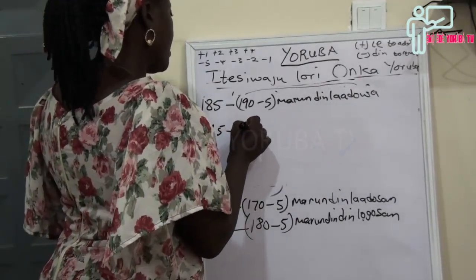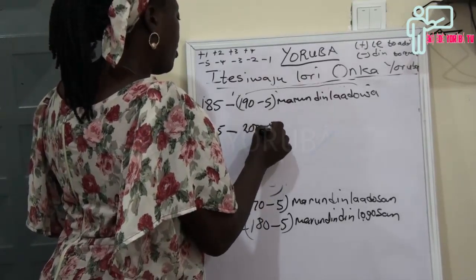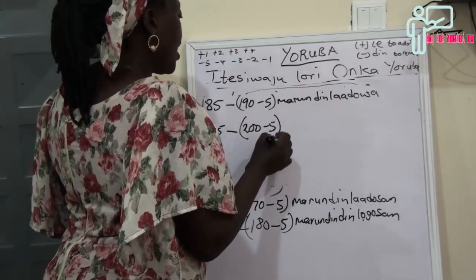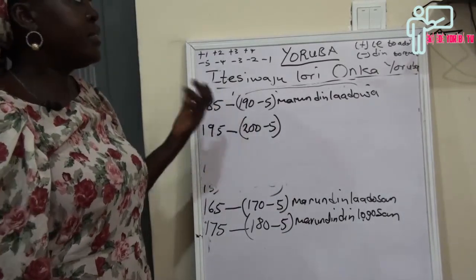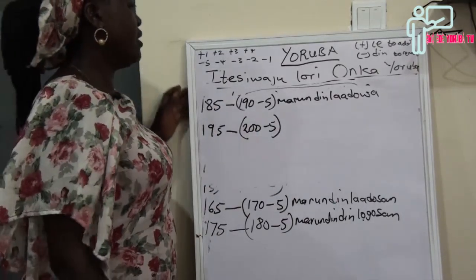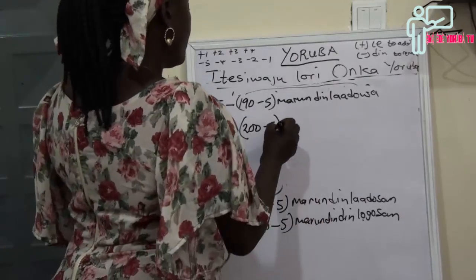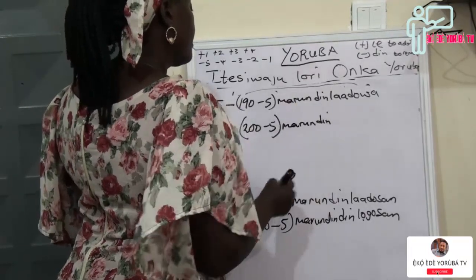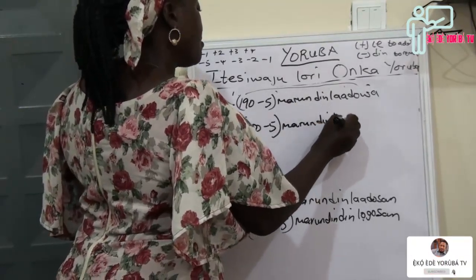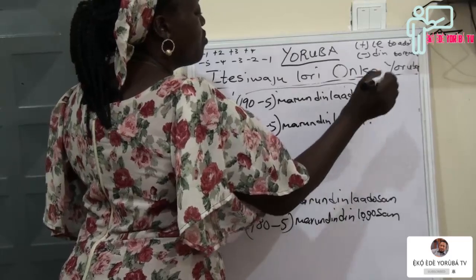Then this one will now be 200 minus 5. So it will now be, now I've told you that we normally call àádọ́wàá igba. Márùndínlúgba. So we now say márùndínlúgba.